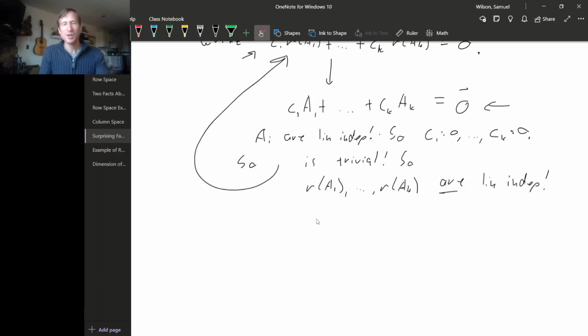All right, at this point, since we have a linearly independent collection, we know that the dimension of the column space of A after we do the row operation can't be any smaller than K, because we have K linearly independent vectors. So this has to be greater than or equal to K, right?